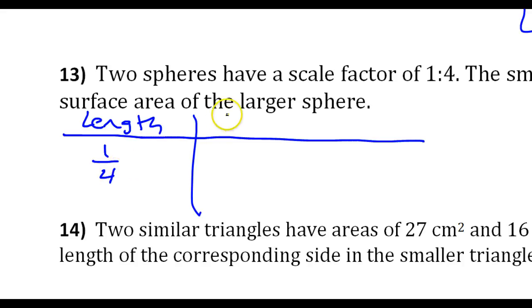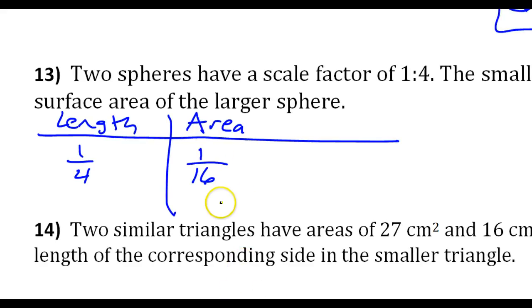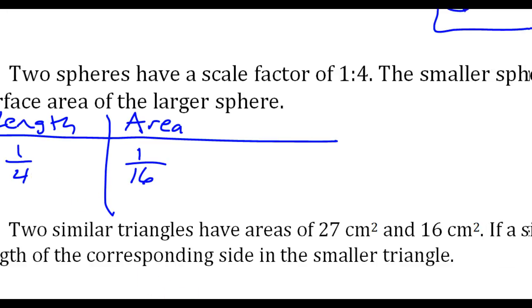If the length scale factor is 1 to 4, what's going to be the area scale factor? 1 over 16. Because 1 squared is 1, 4 squared is 16. So that's going to be my area scale factor. If I want to find areas, I'm going to have to use my 1 over 16 instead of my 1 over 4.